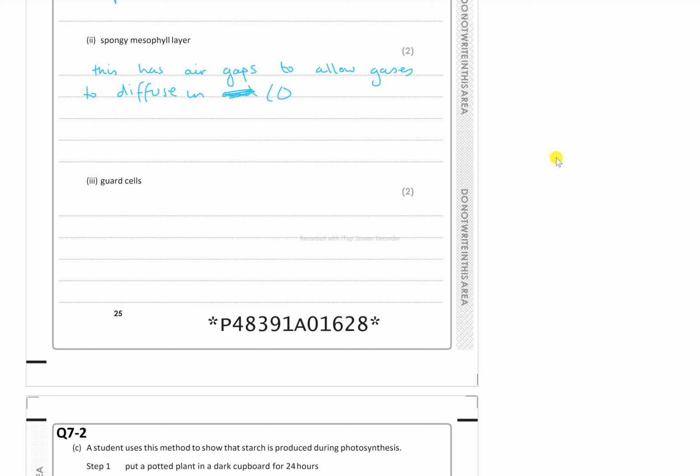What diffuses in? Normally CO2. And what diffuses out? Normally the waste product, oxygen.